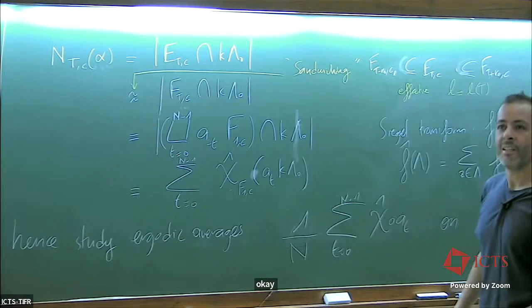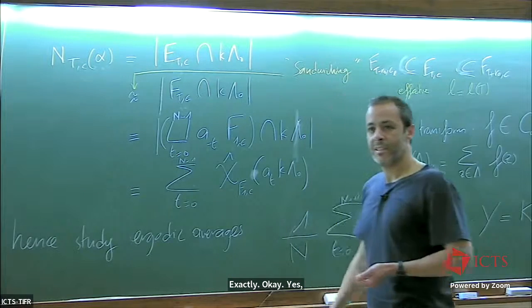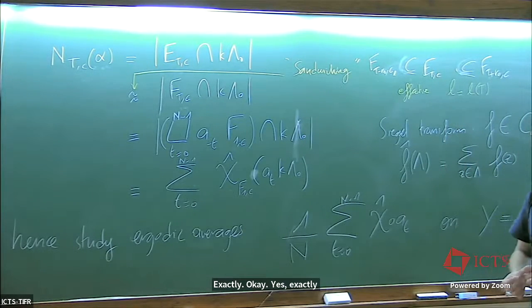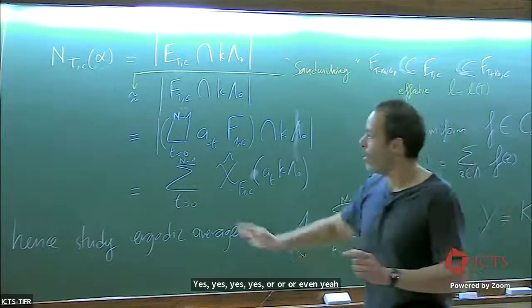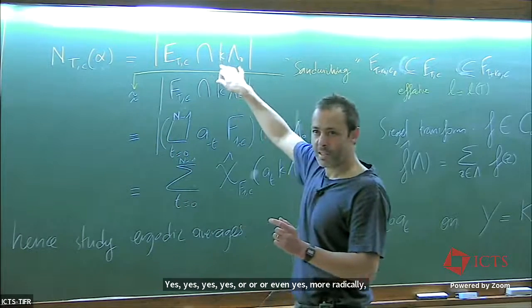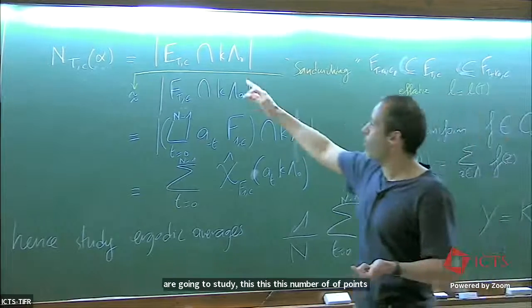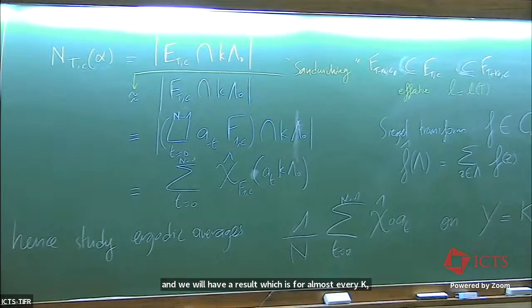So your initial alpha. Or even, more radically, you can forget about this for a while. We are going to study this number of points, and we will have a result which is for almost every K. And actually, this corresponds to almost every alpha.